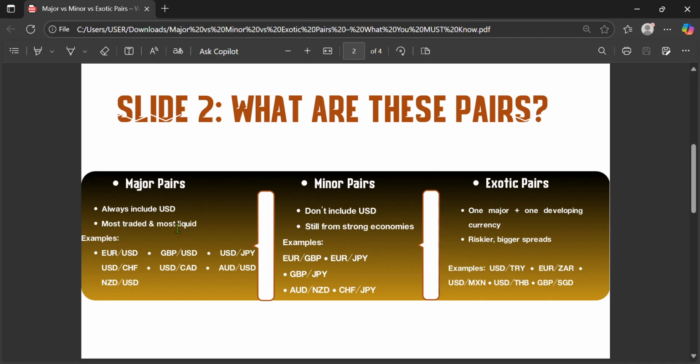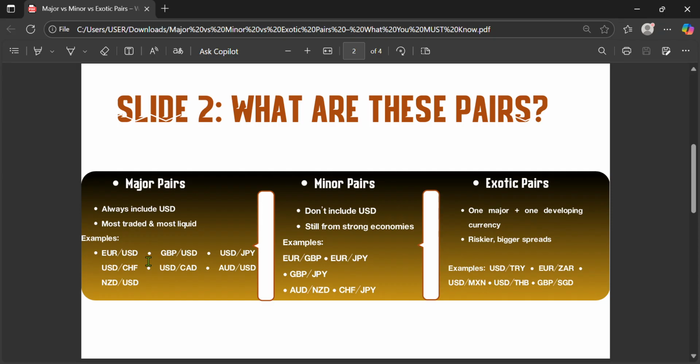For example, we have the EUR/USD, the GBP/USD, the USD/JPY, the USD/CHF, and the USD/CAD. So these pairs have the USD with them.